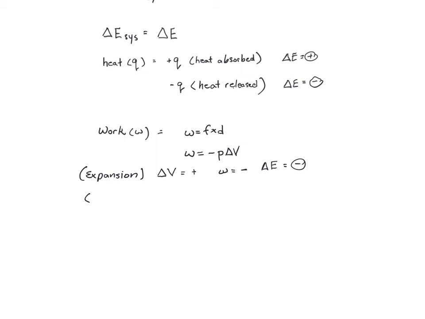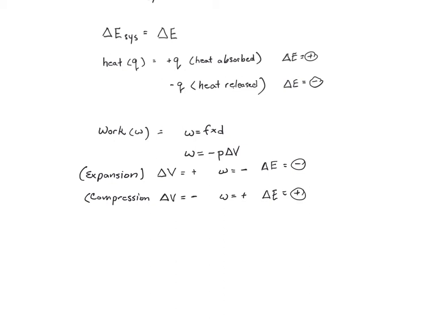Okay, the opposite of that is compression. Okay, and in compression, the change in the volume of the system is going to be a negative value, which means work will take on a positive value. And if work is positive, holding all things equal, the change in energy is going to be positive.